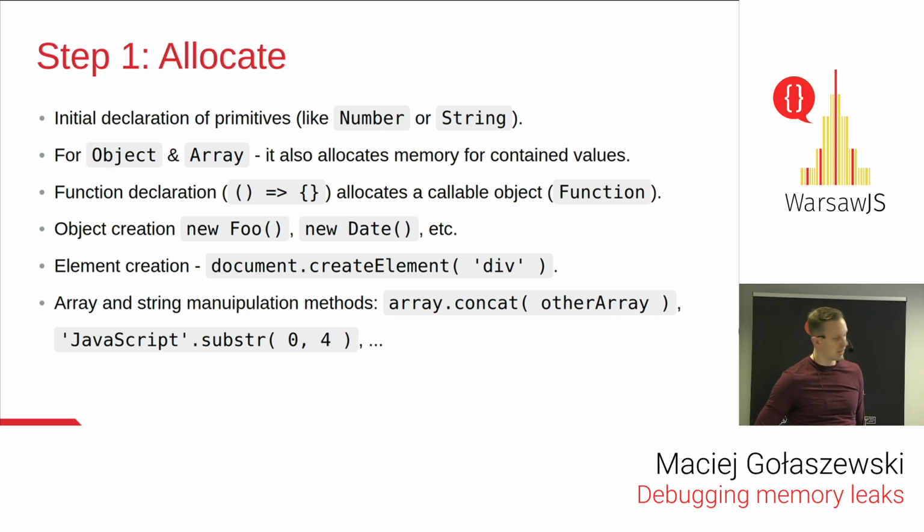Also worth noting is that when you are creating DOM nodes, the memory is also allocated. But you don't have to worry about it, because in most cases JavaScript handles this for you.